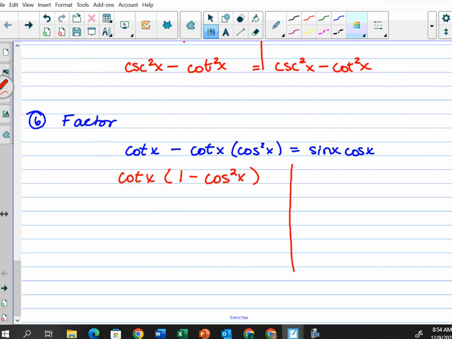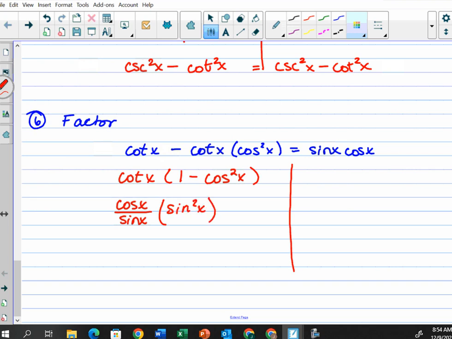Okay. I see on the right side, it's just sine and cosine. So I'm going to turn the left side into sine and cosine as well. What is cotangent as sine and cosine? Cosine over sine. And then Pythagorean identity, what is 1 minus cosine squared equal to? Yeah, sine squared.